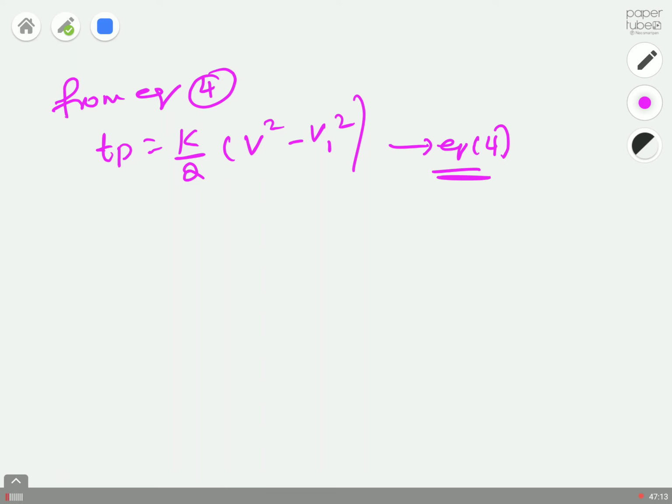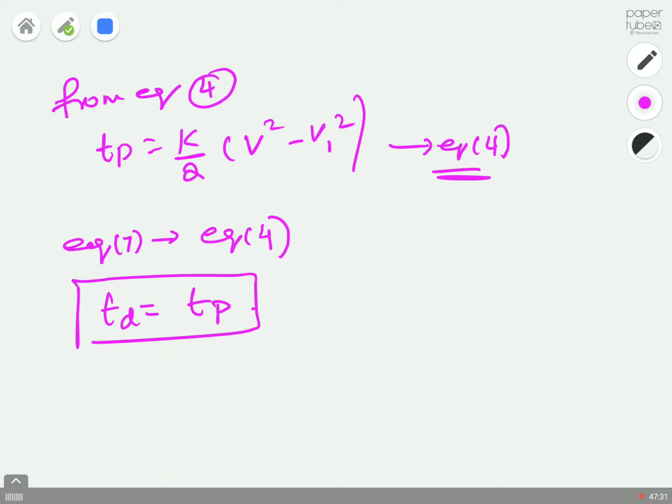If we compare equation 7 with equation 4, you will see that TD is equal to TP, both are the same. So TD is equal to TP for the condition where the total filtration rate is at maximum.